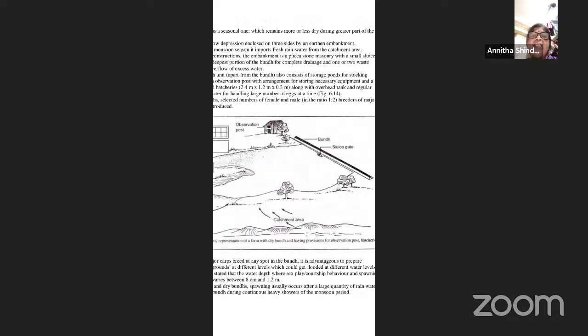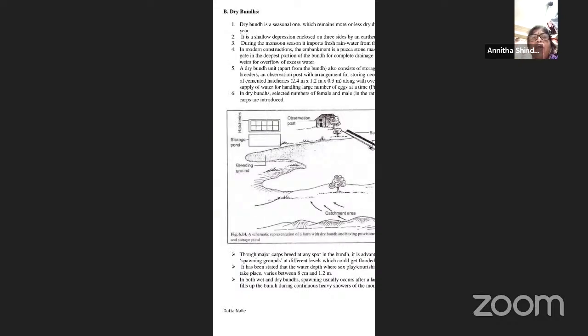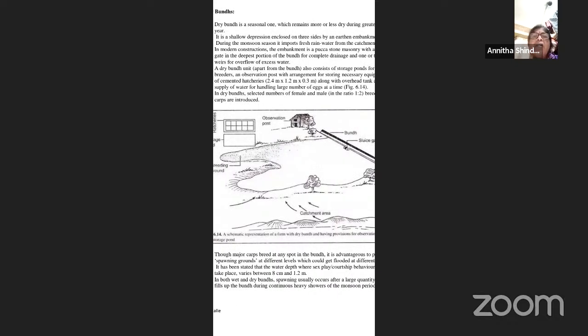Here, this is actually the bund, and this is a small gate for the entry. All three sides, this side, this side, this side, are enclosed by an earthen embankment, which is nothing but the mud and soil nearby.